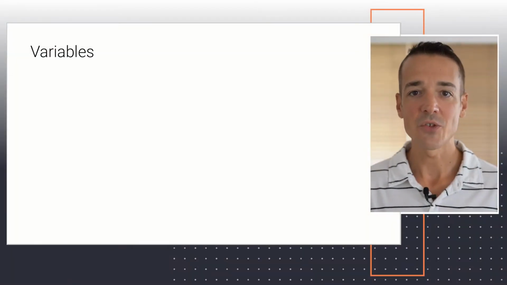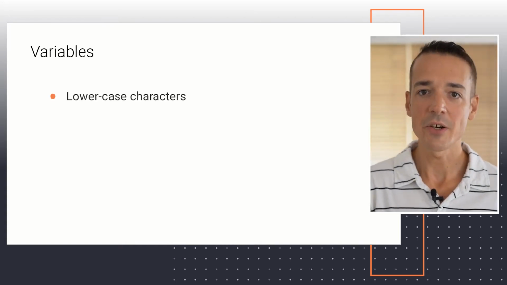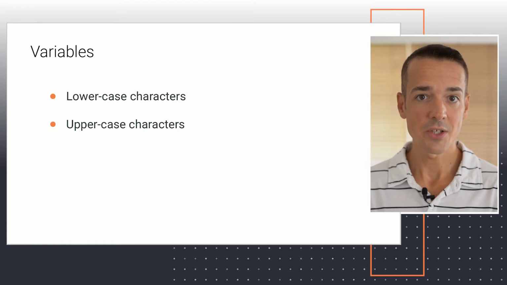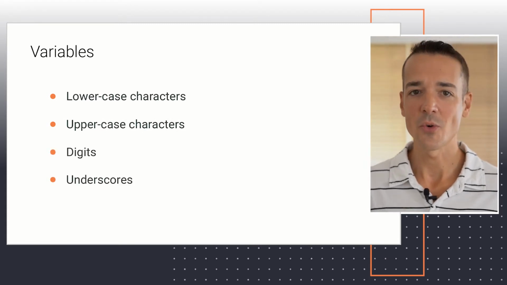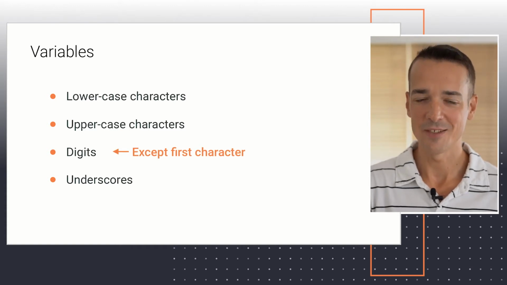A variable is represented with a custom name containing any combination of lowercase characters, uppercase characters, digits, or underscores, with the restriction that the first character should not be a digit.